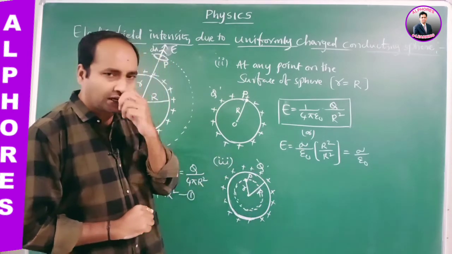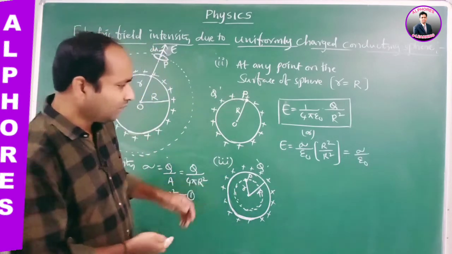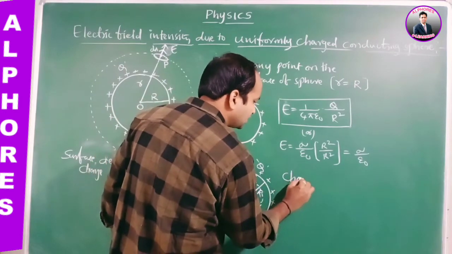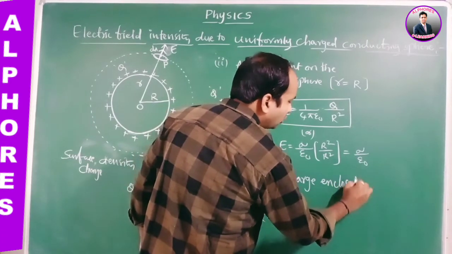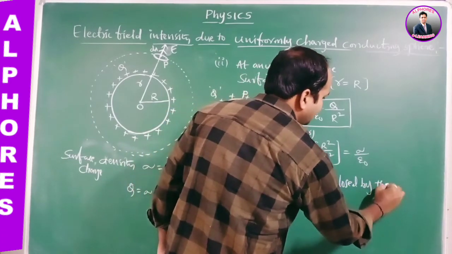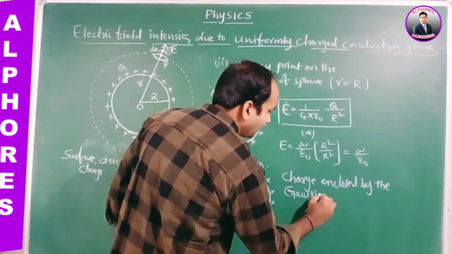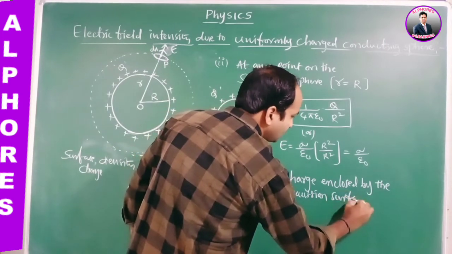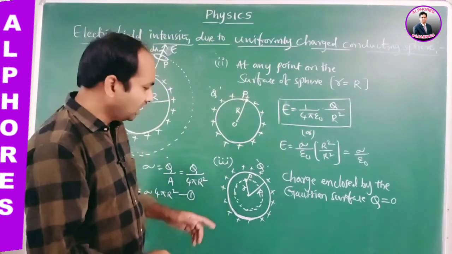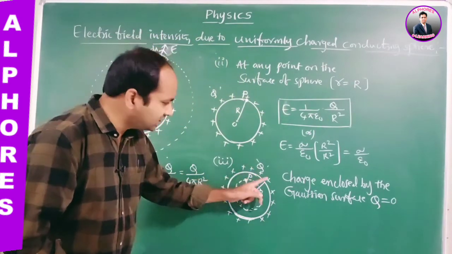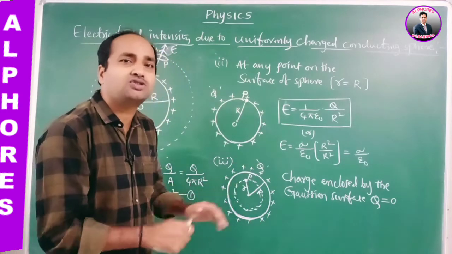But whenever we are calculating the field at any point inside the conducting sphere, the charge enclosed by the Gaussian surface, Q, is equal to 0 here. Because the charge given, Q, is on the surface only. It resides only on the surface, but inside the conducting sphere there is no charge.